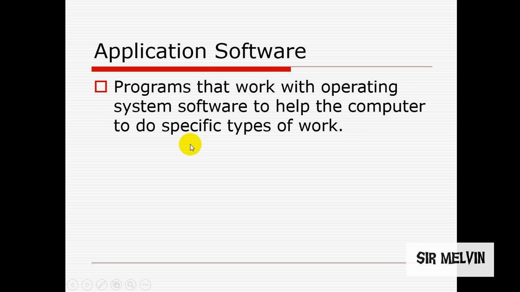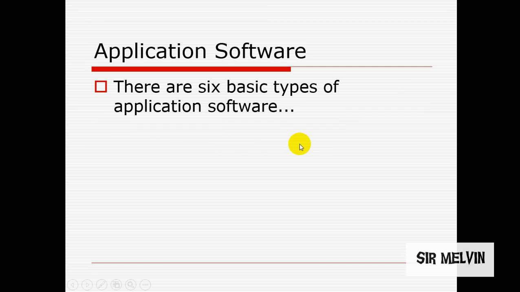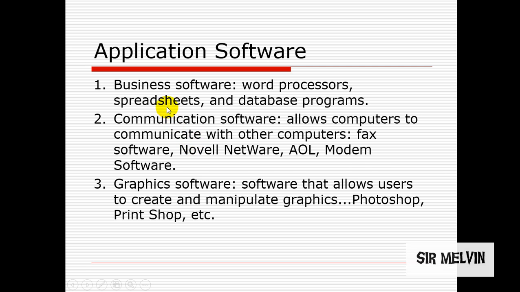Application software consists of programs that work with operating system software to help the computer do specific types of work. There are six basic types of application software. Number one, business software: word processors, spreadsheets, and database programs.